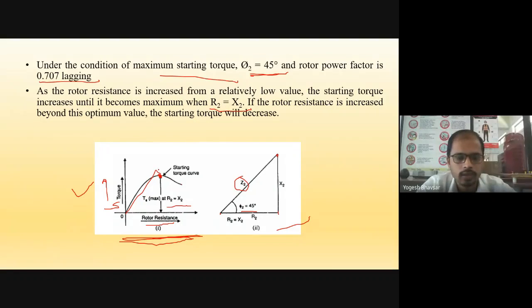But if we still increase the resistance beyond this optimum value, there will be a decrease in the starting torque. Look at this point. So up to this point, R2 is equal to X2, at that point we get the maximum starting torque. After that, if we keep increasing the resistance, the starting torque will decrease. So it is preferable to increase the resistance up to R2 becoming equal to X2.